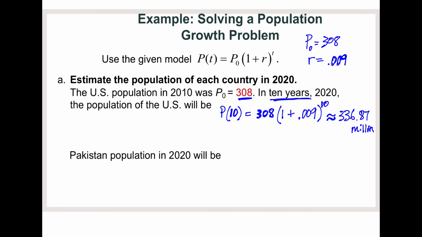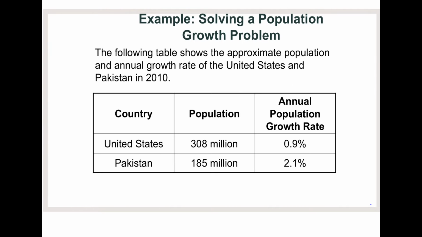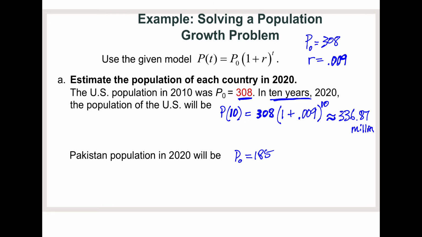Let's look at Pakistan's. For Pakistan, we have a different initial value. It was 185 million. Let me go back and just double check that. 185, and there's this 2.1%. That's where I was getting that 9.1. All right, so their rate, let's not do that.